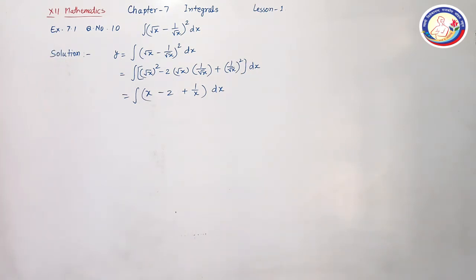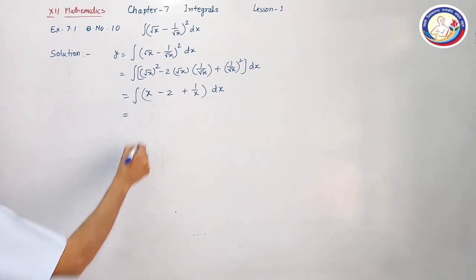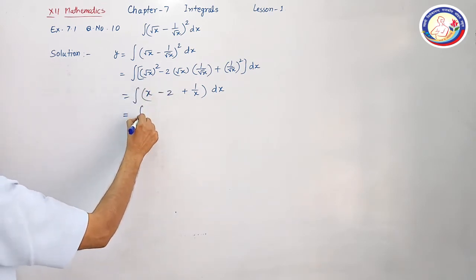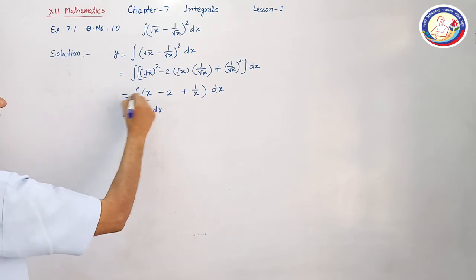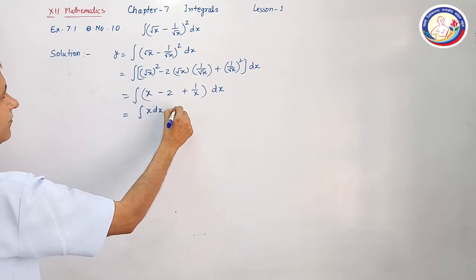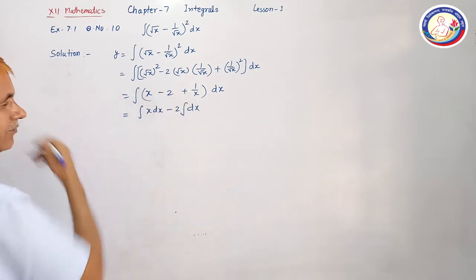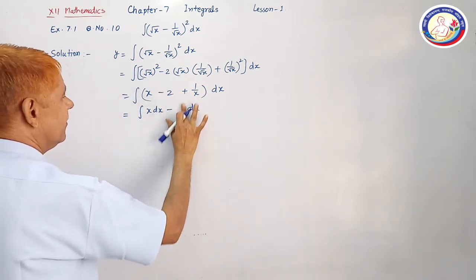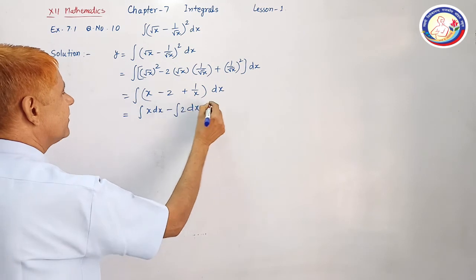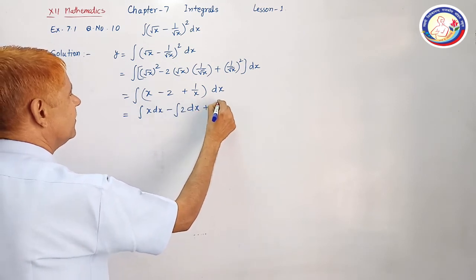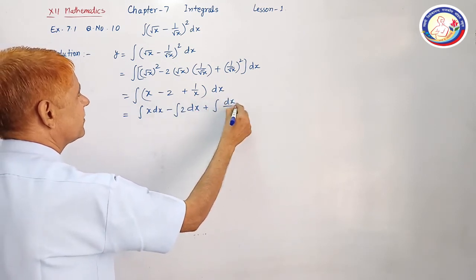Now using rule third, we can write it as integration of x dx. This is the first part. Second, minus 2 into integration of dx, because it is a constant, I am taking it outside, plus integration of dx upon x.